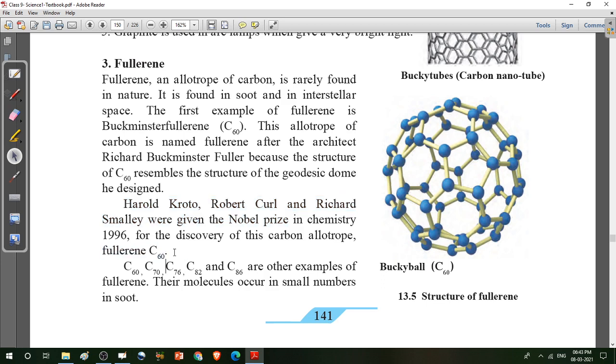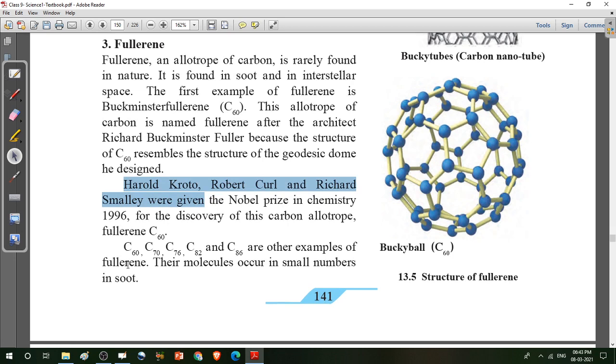Because of the discovery of this compound, these scientists were given the Nobel Prize. Then there are more examples: C60, C70, C76, C82 and C86. These are different examples of fullerenes, and their molecules occur in small numbers in soot.